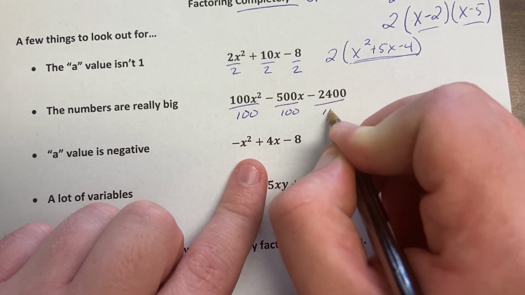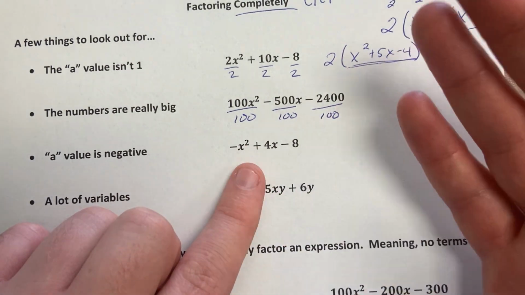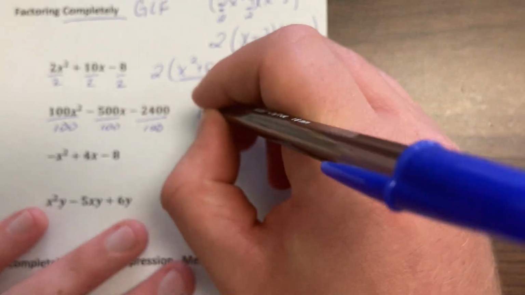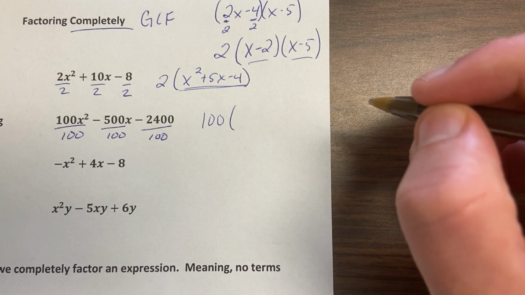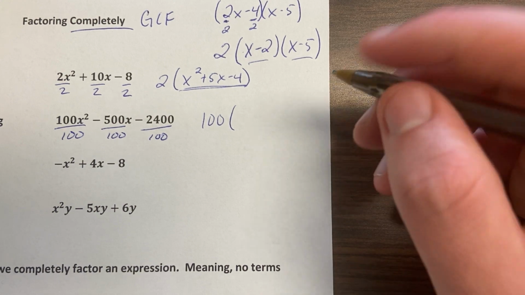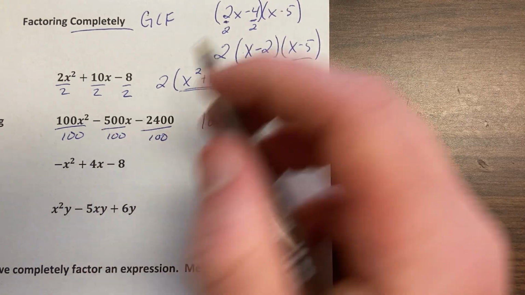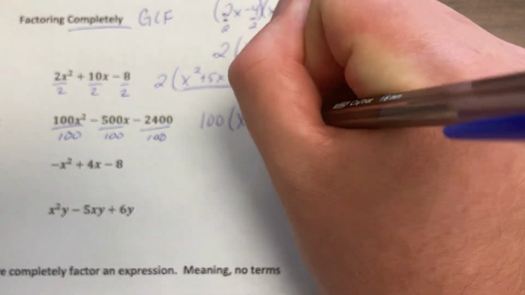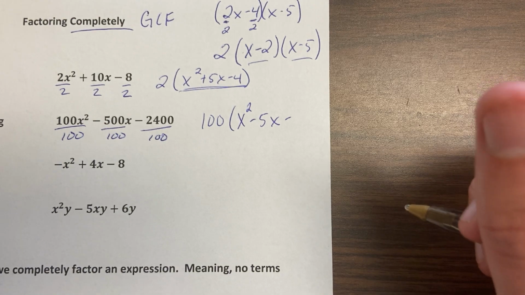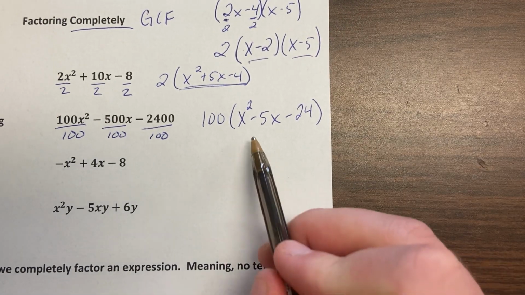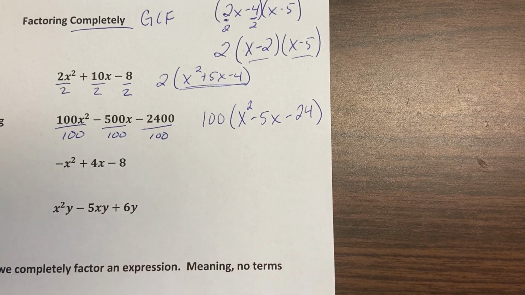So I'm going to factor out, or divide, this factor of 100 away from all of my terms. If I divide everything through by 100, this 100 needs to stay along for the ride. It's still a factor, still part of your expression. But what we're left with: 500 over 100 is 5, and then 2400 over 100 is 24. Now this looks so much easier to factor than dealing with those values in the hundreds.